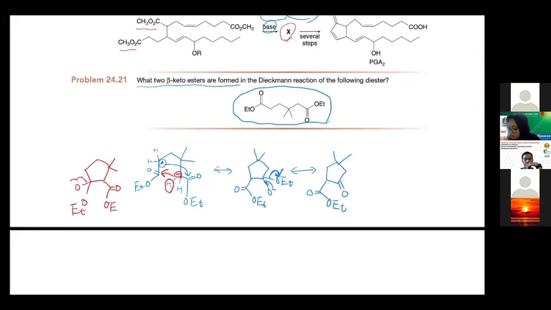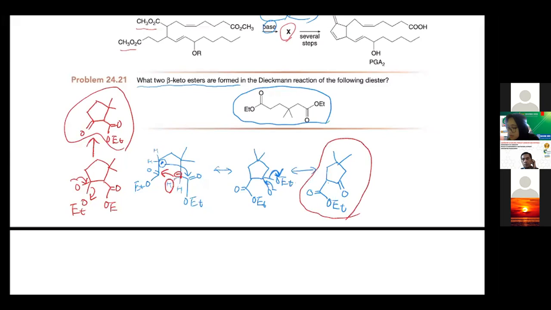It's the same: the carbonyl bond here, the ethoxide is removed. So two compounds are formed. These ones look similar, but actually they are different.